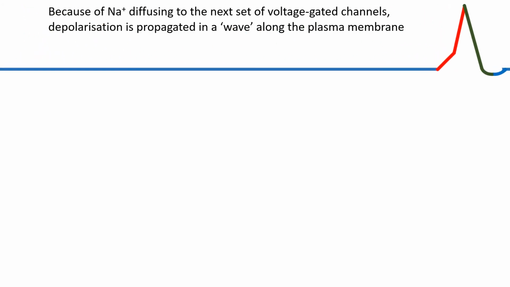And because of our sodium diffusing along the membrane to the next set of voltage-gated channels, this depolarization, followed by repolarization, is propagated in a wave along the plasma membrane.